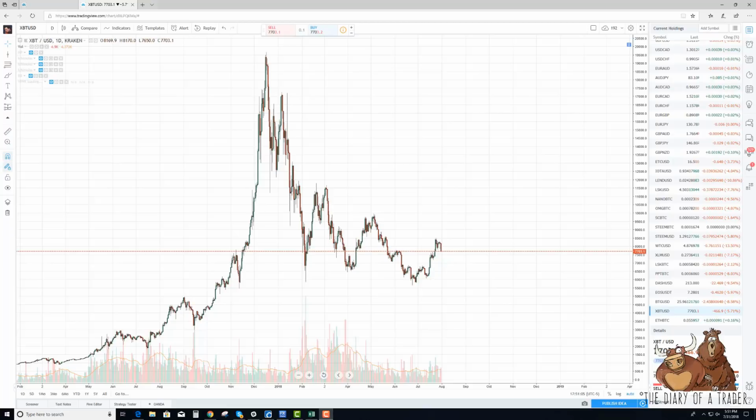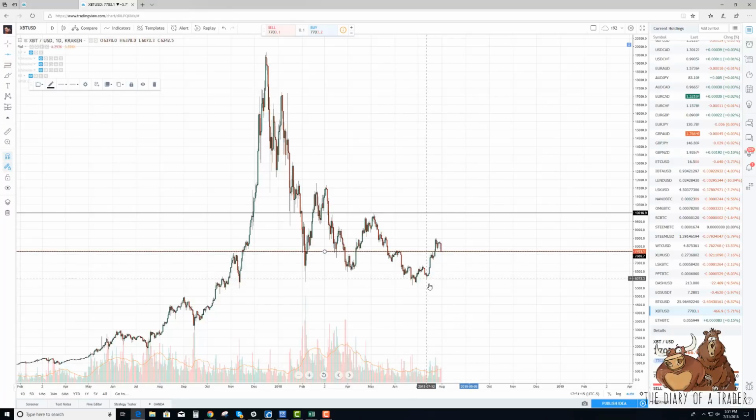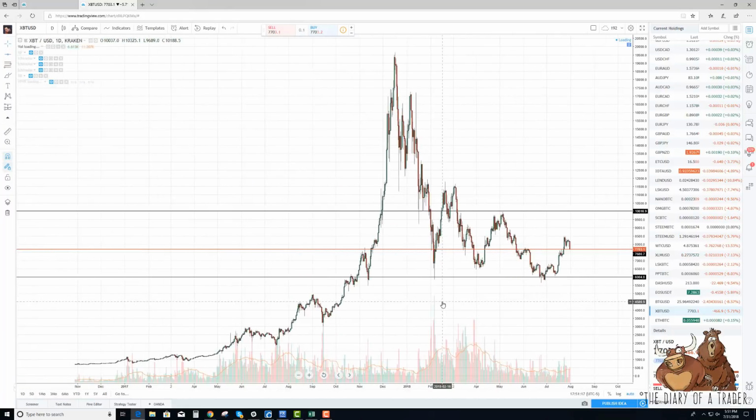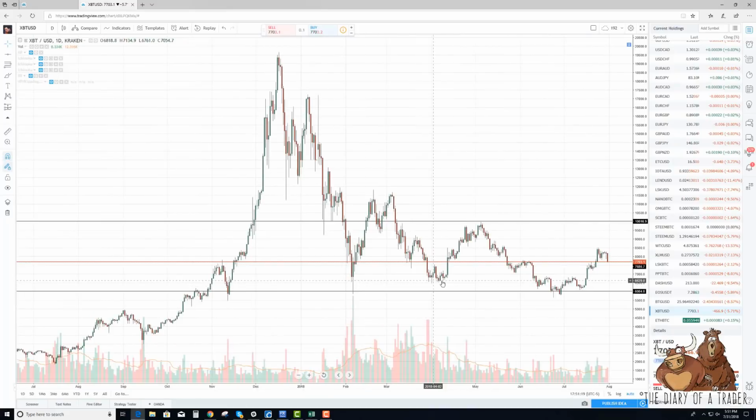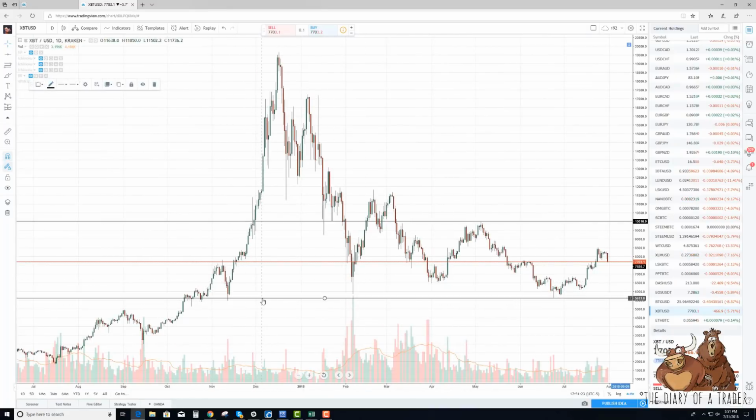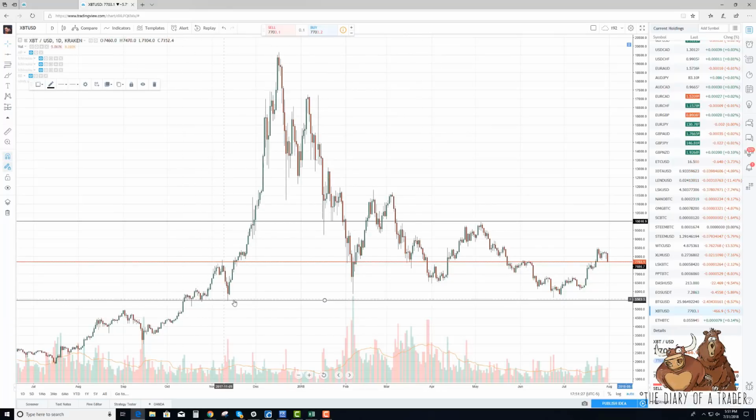So if you remember us talking in previous videos on support and resistance, we've talked about horizontal areas of support and resistance where we look for prices that have been traded before and have had some bottoms. So certainly we see here, this would probably be a good area to put a horizontal line indicating there's some support here, because prices come down to this region before and tested it.